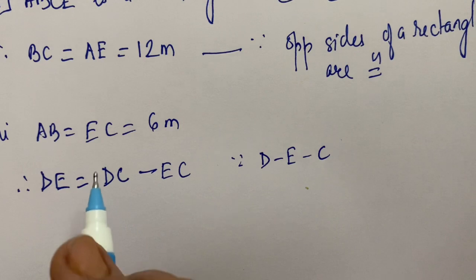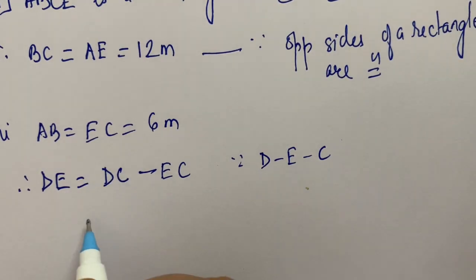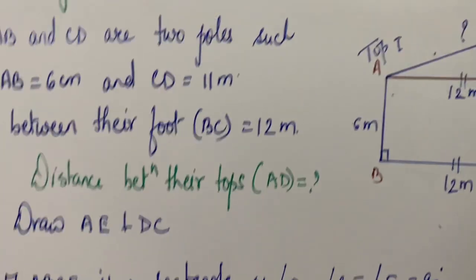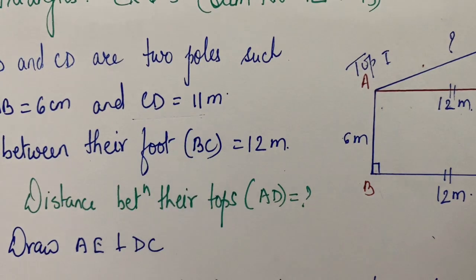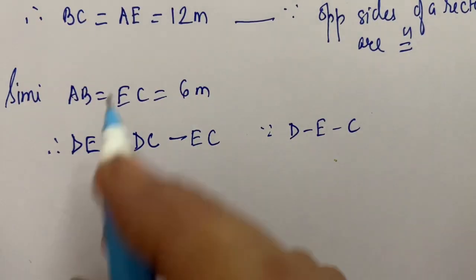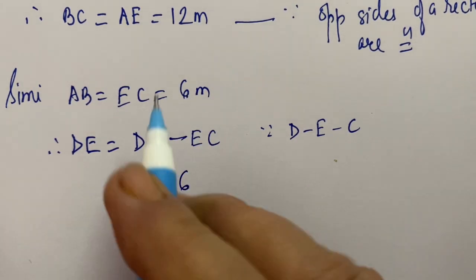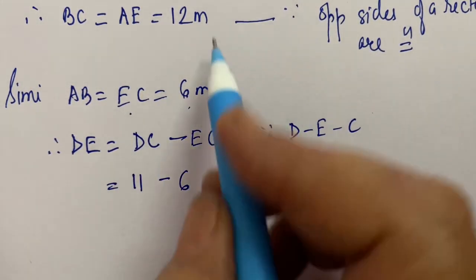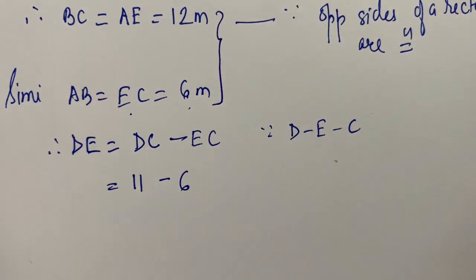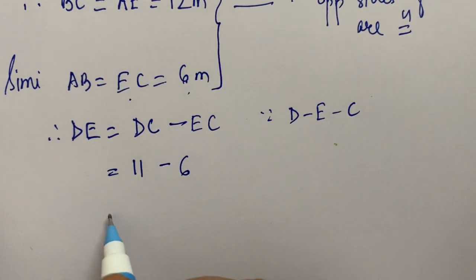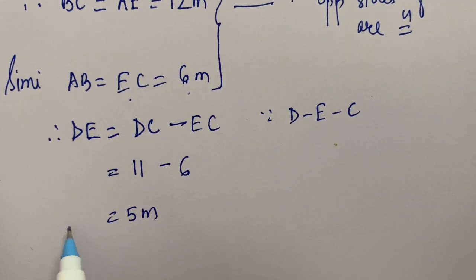So length DC is 11 meter. That is given to us. See in your given. It is 11 meter. 11 minus 6, because EC is 6 by property of a rectangle. So that will give you 5 meter as your length DE.